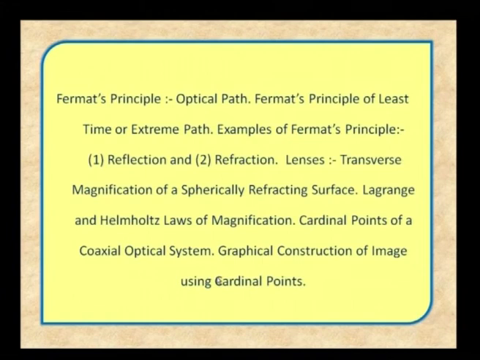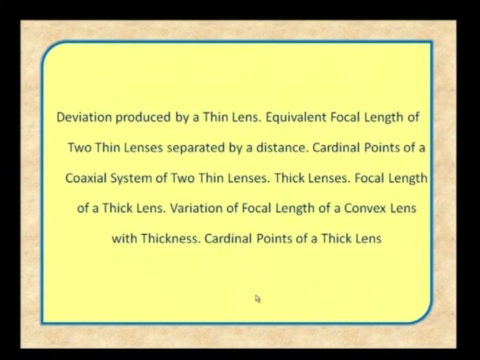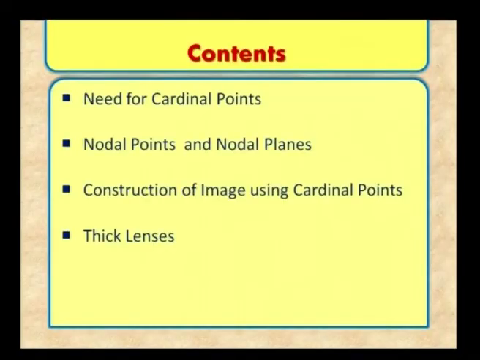In this lecture we will mainly see the graphical construction of the image using cardinal points and also about thick lenses. The contents of this lecture are as follows: need for cardinal points, nodal points and nodal planes, construction of image using cardinal points, thick lenses.